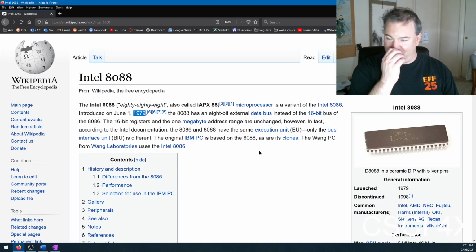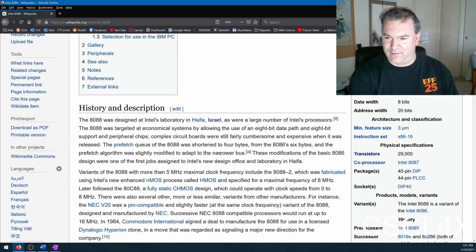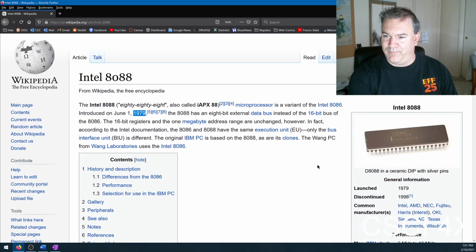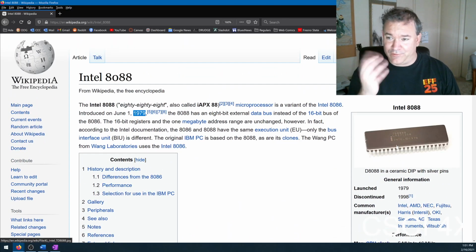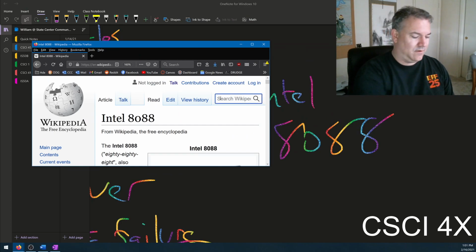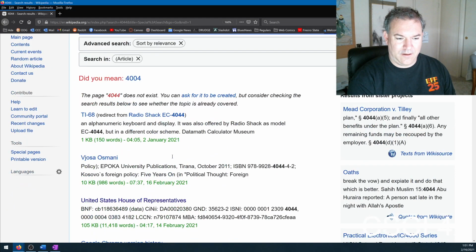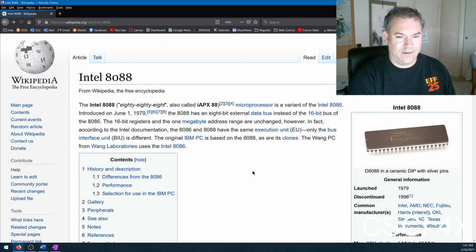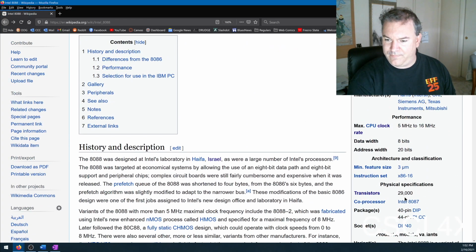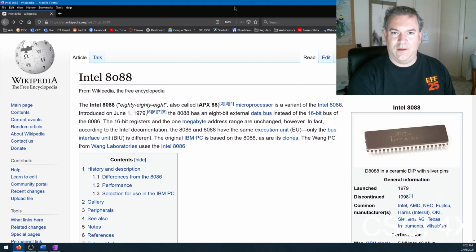There was the 4004, I think, before that, which I don't think necessarily qualifies as a real CPU. But this is kind of like Intel's first general purpose CPU that really caught on. Yeah, it doesn't matter. The 8088 was really the first one.